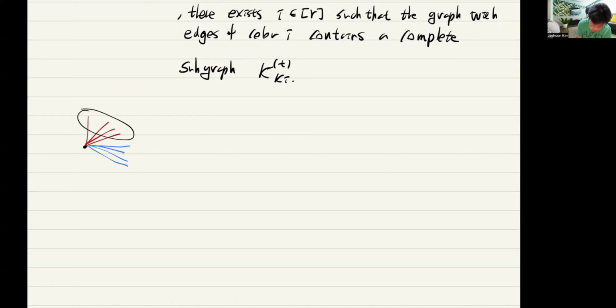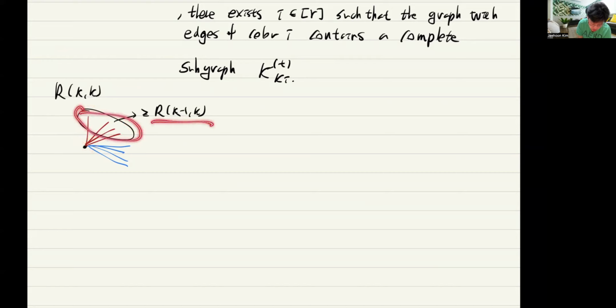You take it, and now let's say you want to bound R(k,k). If this is bigger than R(k-1,k), you either find the blue monochromatic K_k or a red monochromatic K_{k-1}, and together with this vertex, you would get a red K_k.